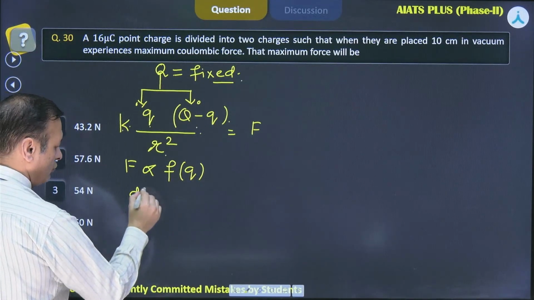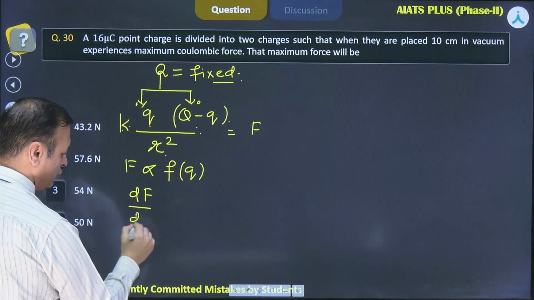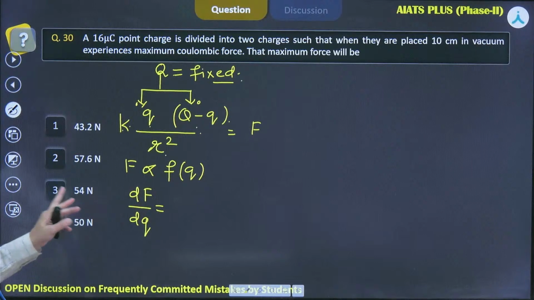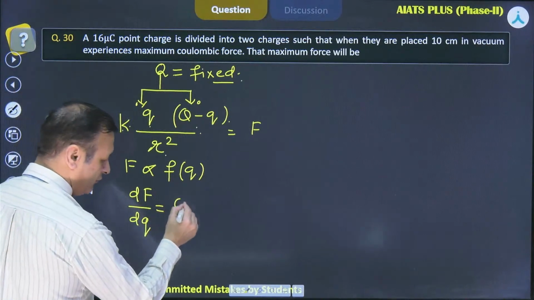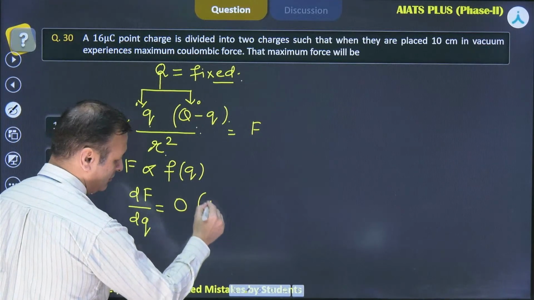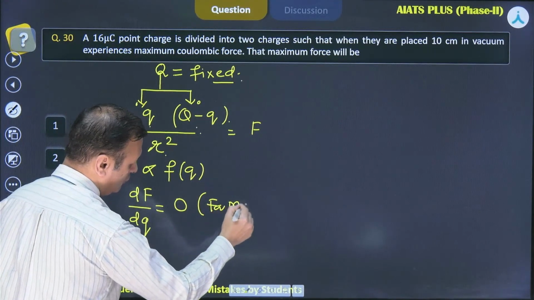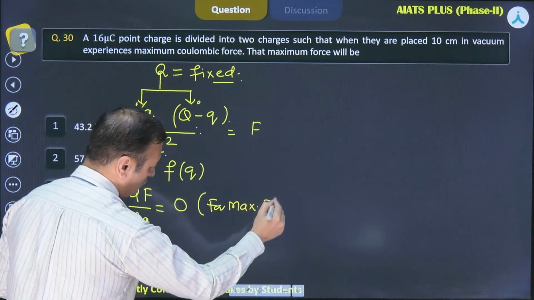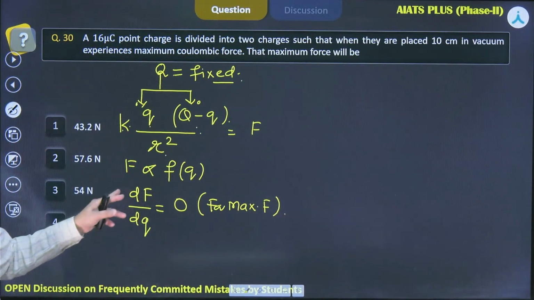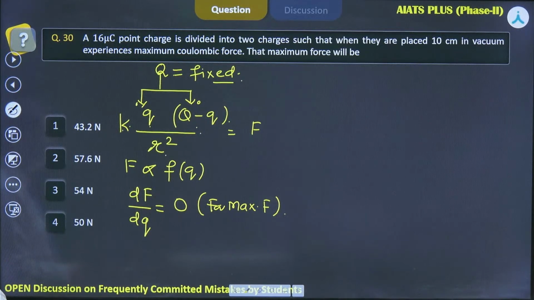So can you differentiate this force with respect to small q? And you know, for maximum force, this has to be 0. So for the maximum force between these 2 charges, dF by dq has to be 0.